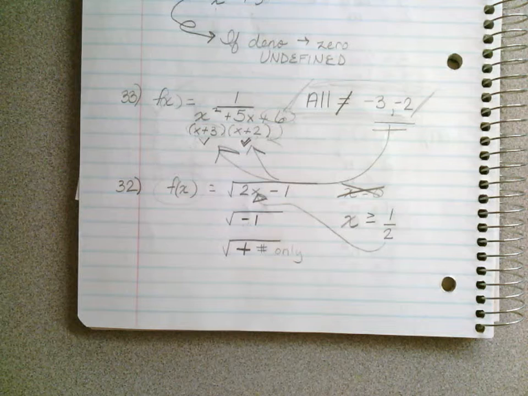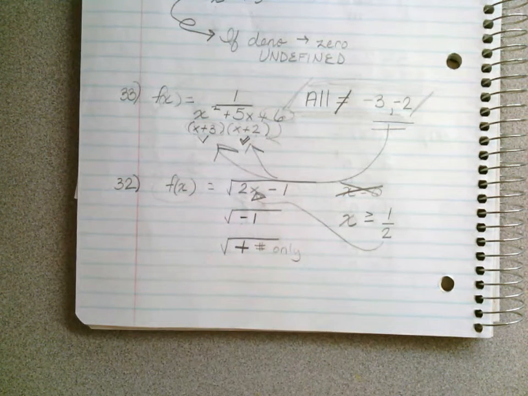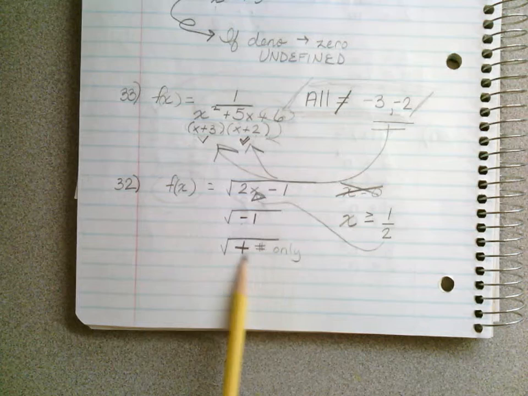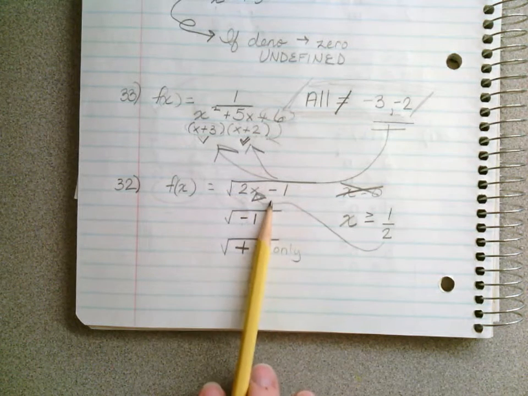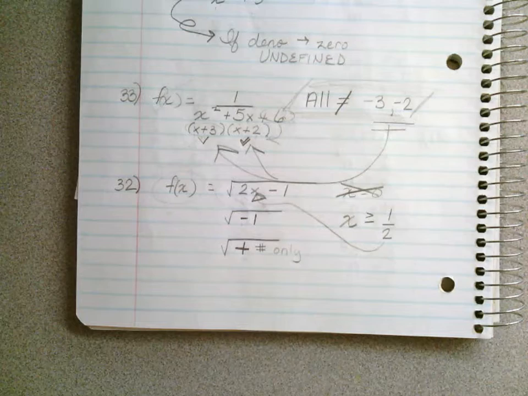Okay? Anything that causes this to go below 0 will create an impossible situation. So you must have numbers at or above 0. And that's what this whole exercise is about, challenging you to think about when numbers would work.